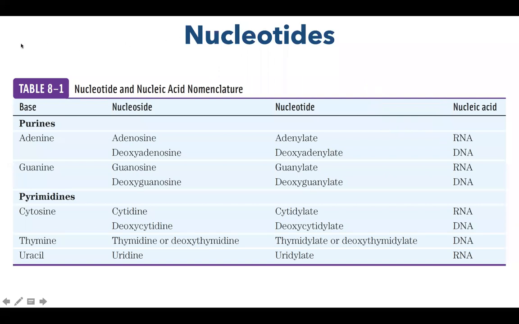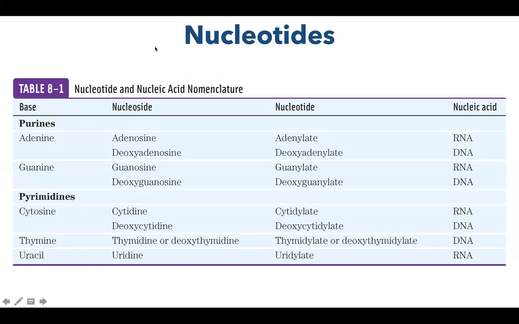This table shows a summary of the names of our nucleotides based on the 5 nitrogenous bases. So remember, if it is a nucleoside, we don't have the phosphate group attached to the sugar. If it's a nucleotide, then you have at least one phosphate group attached to your sugar.